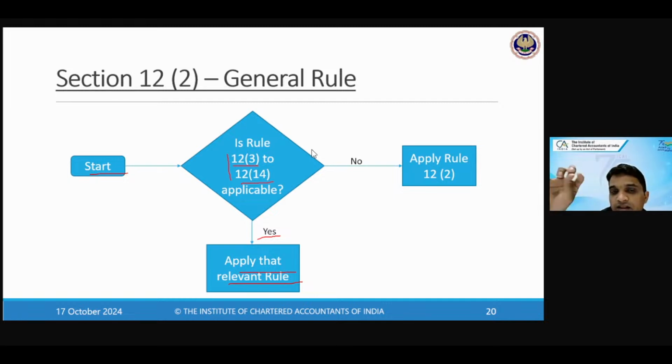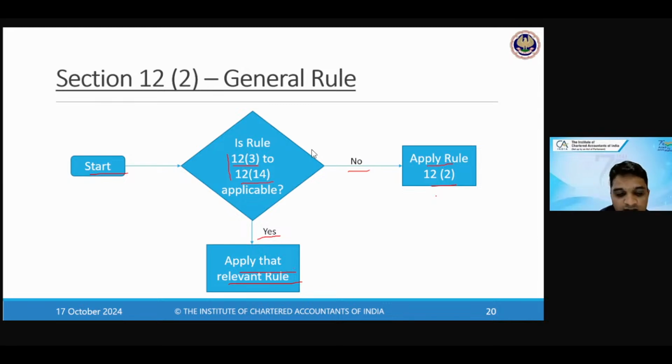So you'll go to 12.3 to 12.14 and check if those specific service rules apply to you. If that is applicable, then apply that rule. If it is not, then you come and apply rule 12.2. So we have to go through rules 12.3, 4, 5, 6, 7, up to 14 and check if any of them apply to the nature of service I am providing.